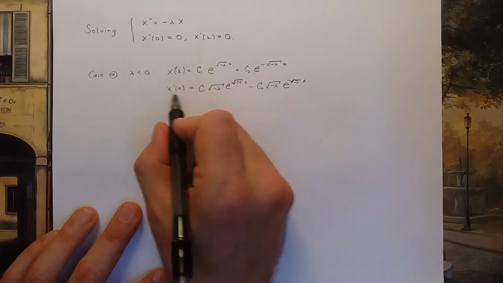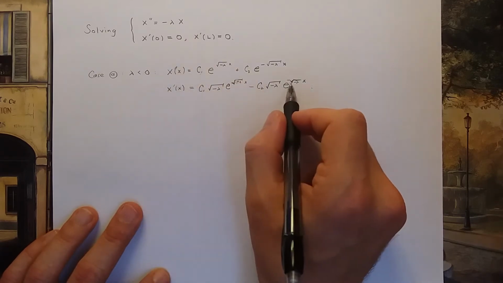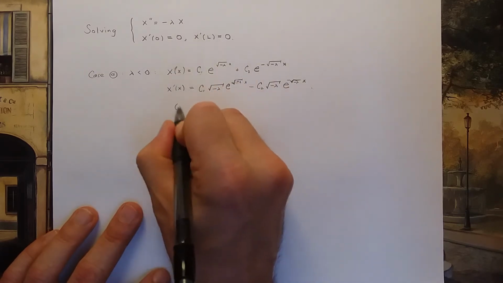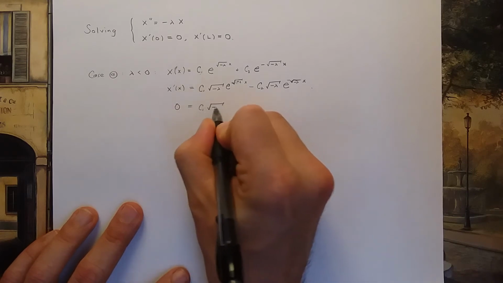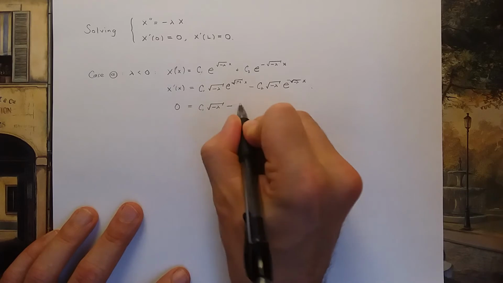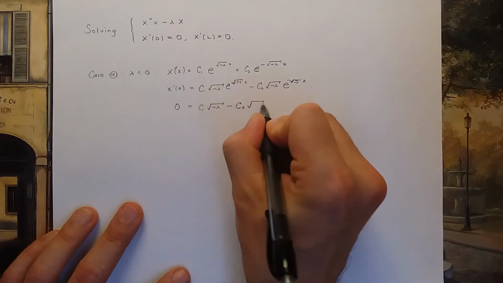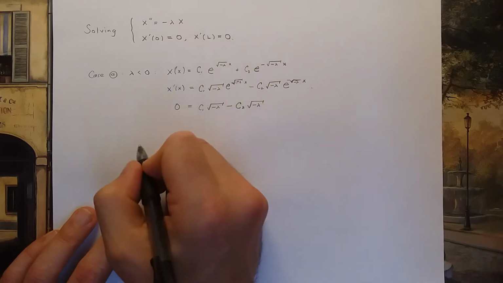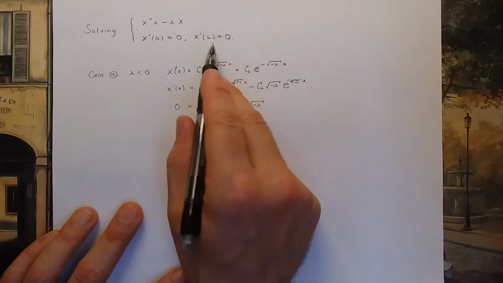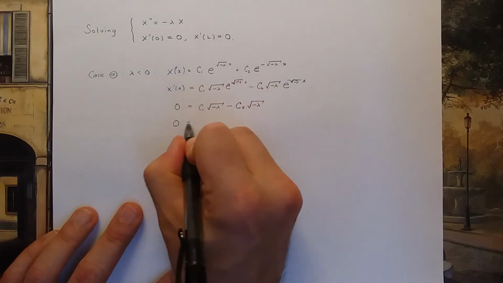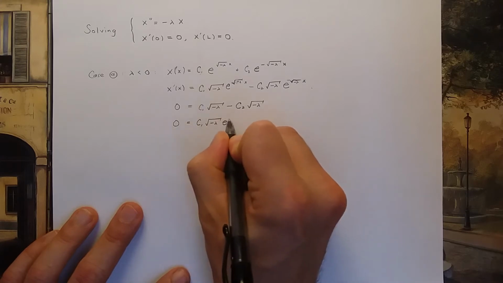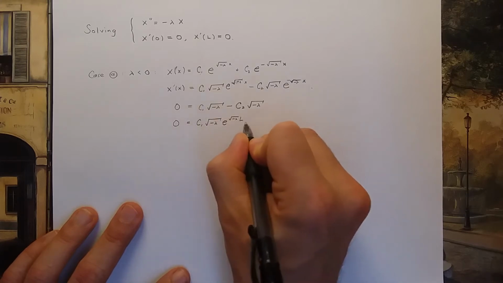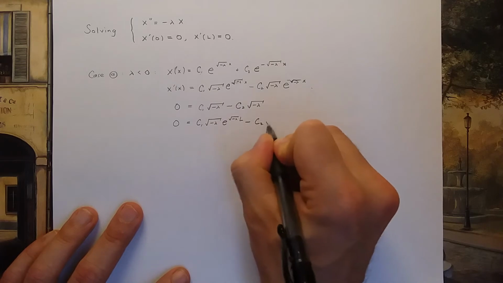So if I plug in 0 to this derivative, I should get out 0. So I get 0 is C1 times this constant minus C2 times the same constant. Then when I plug in L, I find 0. So that should be C1 times this constant e to this constant L minus a similar term.